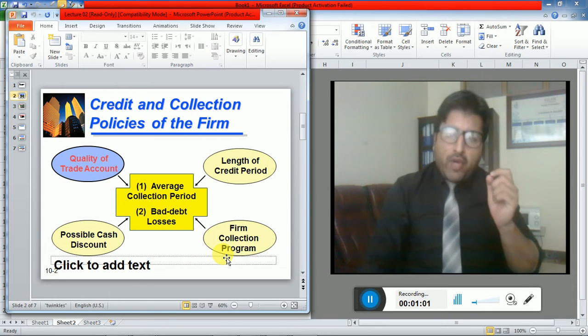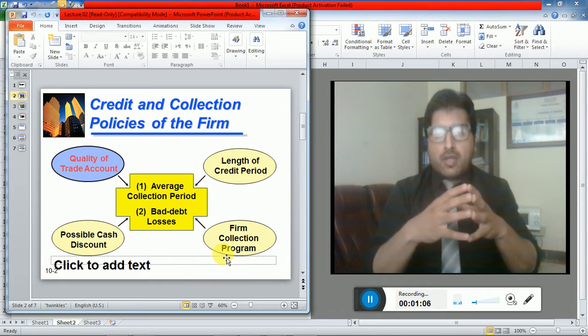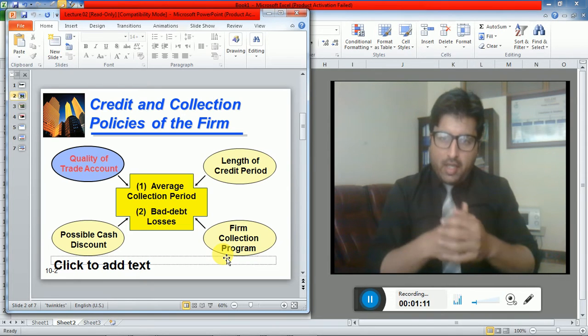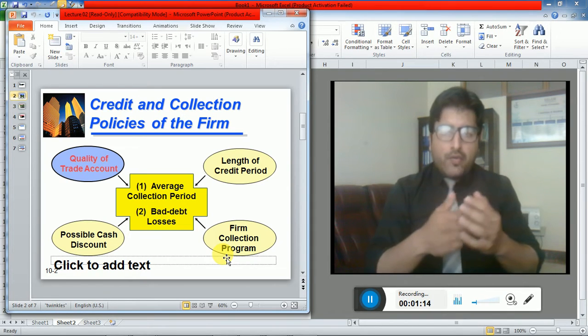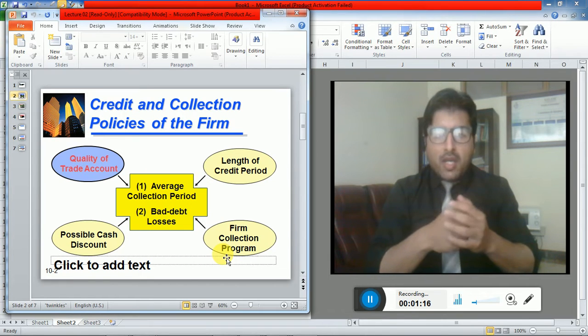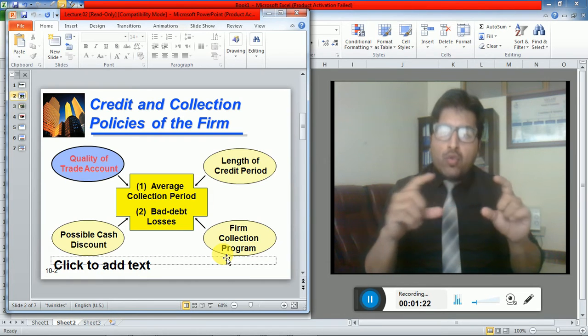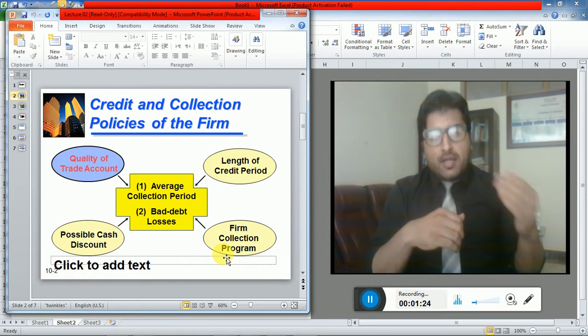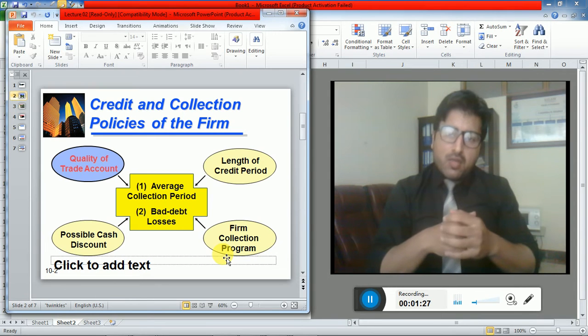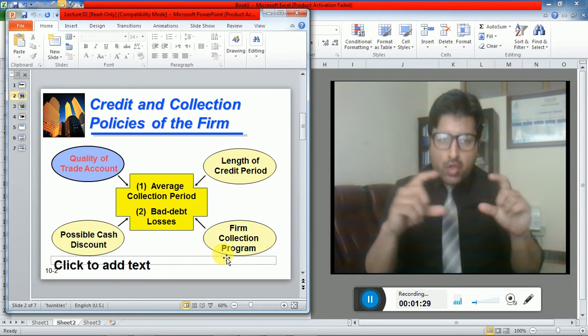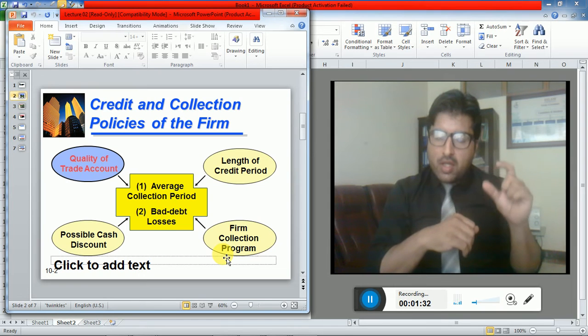The first variable we talk about today, practically with numerical examples, is the quality of trade account, that is, to whom we sell. If you sell your goods to customers on account, you have to make sure who the customers are, what the quality of the customer is, and what the creditworthiness of the customers is.